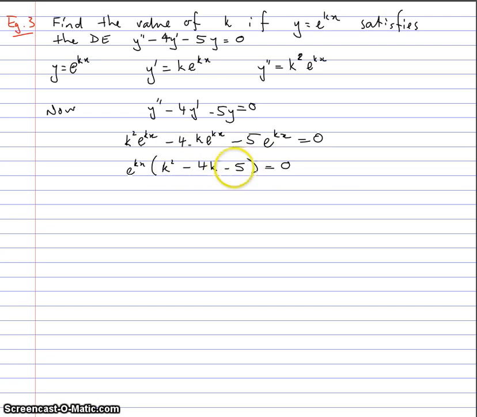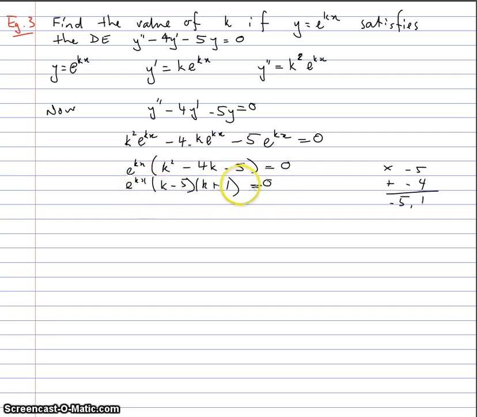We have a quadratic equation here, so let's factorise that. We need two numbers that multiply to give negative 5 and add to give negative 4. That's going to be negative 5 and 1. So we've got e to the kx times k minus 5, k plus 1 equals 0.